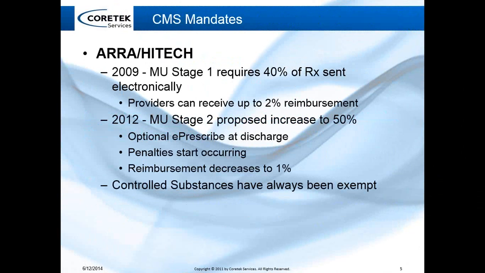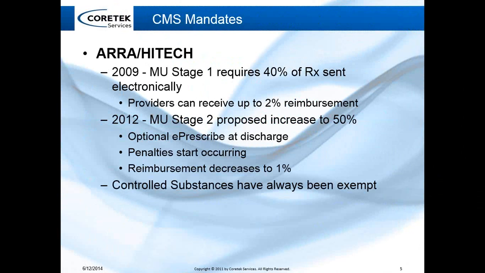So let's take a look at how the Affordable Care Act affects EPCS. The Centers for Medicare and Medicaid Services have set forth their own mandates as well. So ARRA and HITECH 2009, first thing we saw, Meaningful Use Stage 1, required 40% of all prescriptions to be sent electronically, and we're seeing great adherence to that. And for anybody who did do that, they received up to 2% in reimbursement.